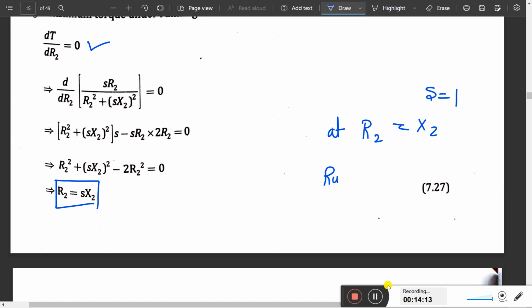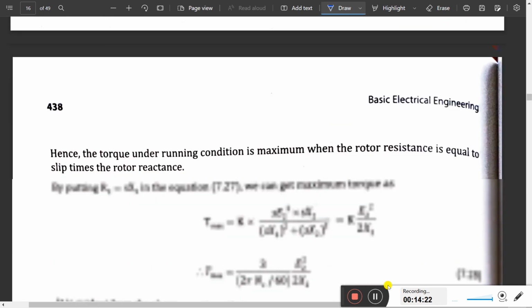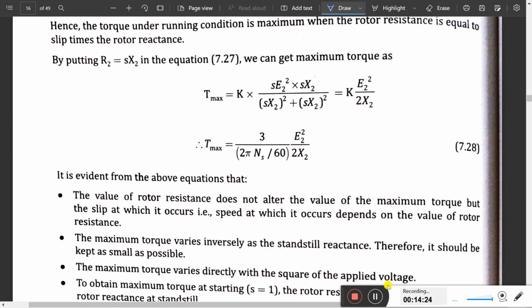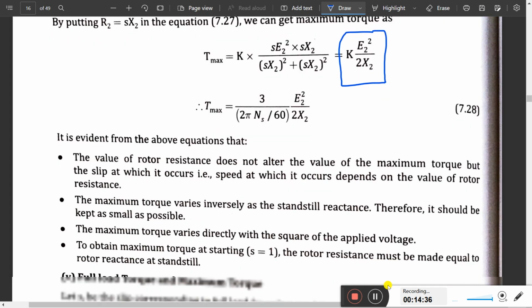In the running condition, you will get R2 is equal to S X2. Try to observe this difference. If you substitute the values in that equation, finally you will get this value: torque maximum is equal to E2 square by 2 X2.